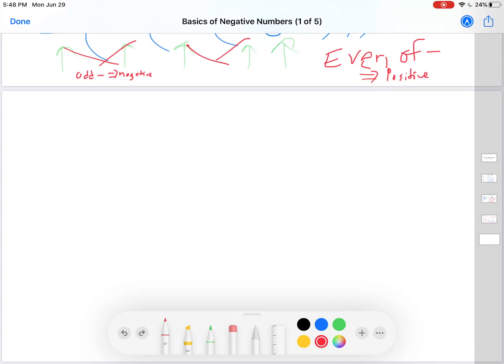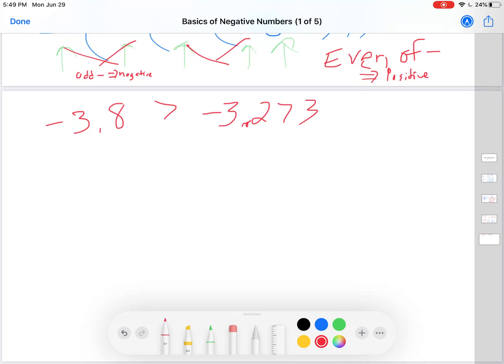Ready? Negative 3.8 compared with negative 3.273. So, are they equal? No. Is it less than, or is it greater than?